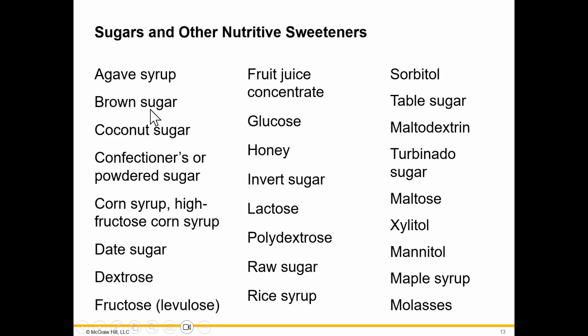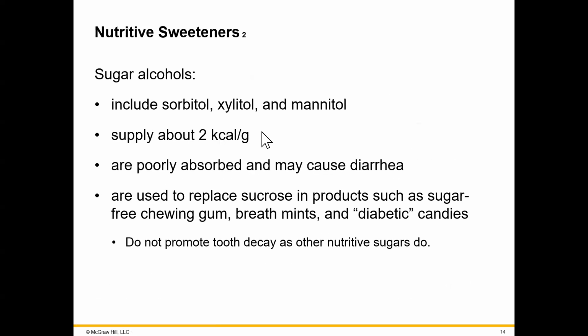So anytime you see anything ending in ose or ol or syrup, or having the word sugar in it, it's going to be sugar. And there's even more than this. Your textbook did a good job talking about some of the hidden names of sugar that we need to really watch out for on the food labels.